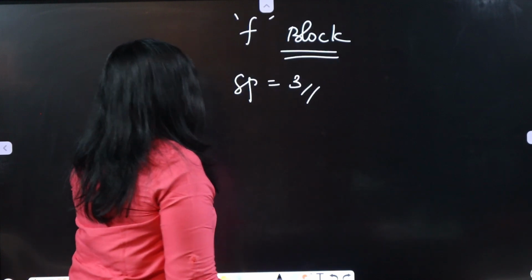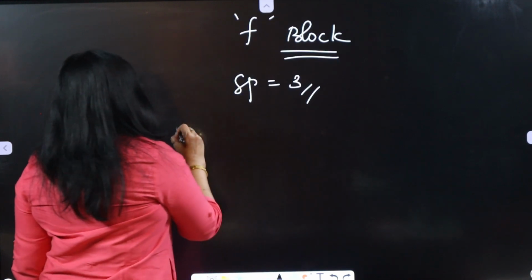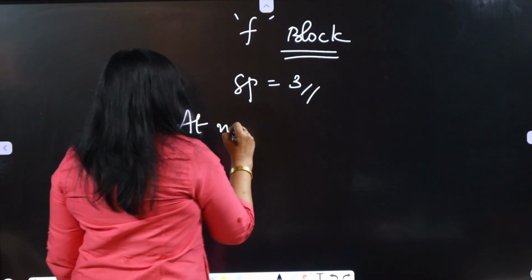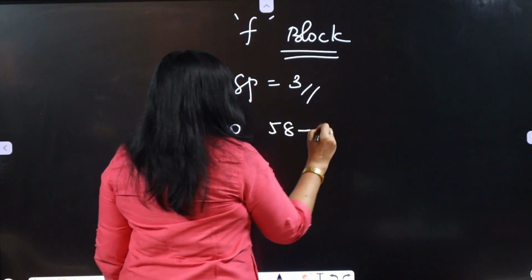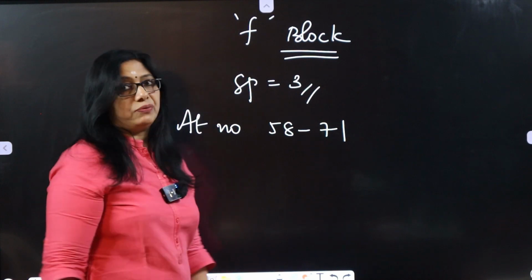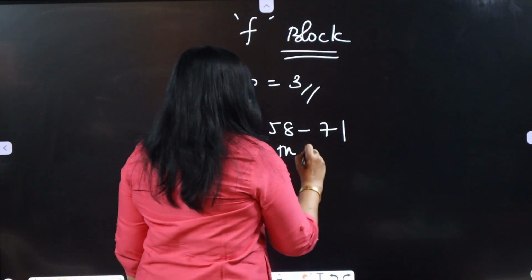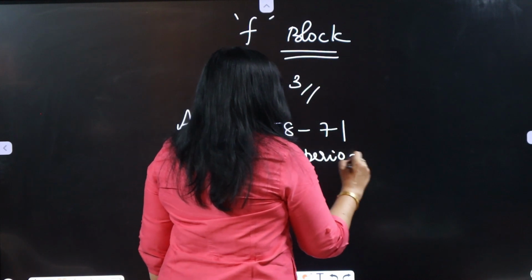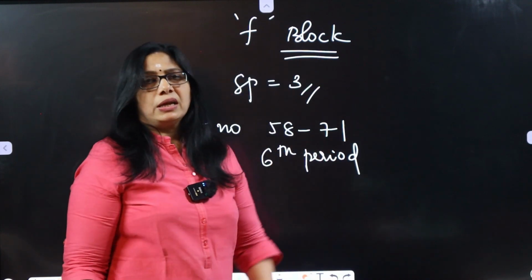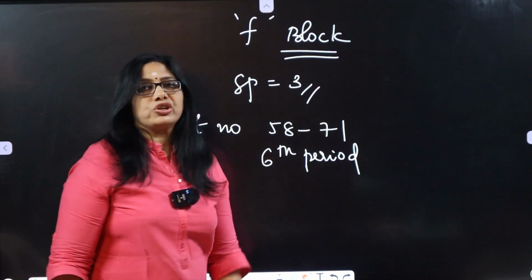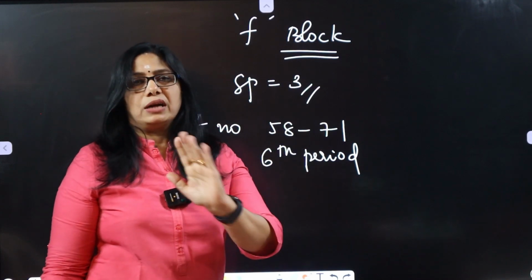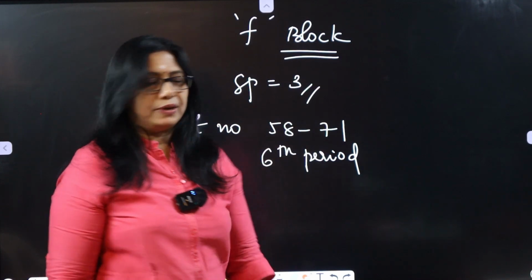For the period number, we can use this trick. If the atomic number of the given element is between 58 and 71, they are lanthanoids. They all belong to the 6th period. So, you just check the atomic number. If it is in this range, then it will be a lanthanoid and that will be in the 6th period.